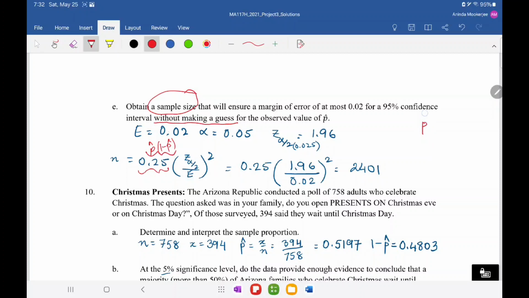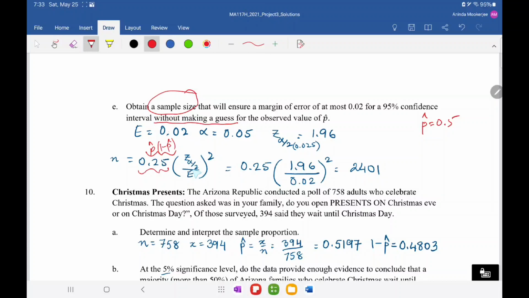It uses a P hat value of 0.5. So 0.5 times 0.5 gives us 0.25. Anyway, when it asks you to find the value of N without making a guess, make sure you use the formula which has a constant value for P hat times 1 minus P hat.